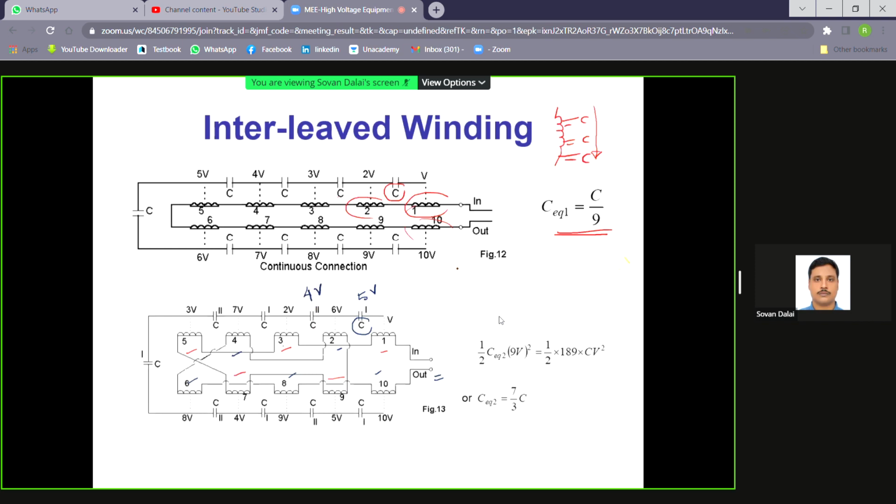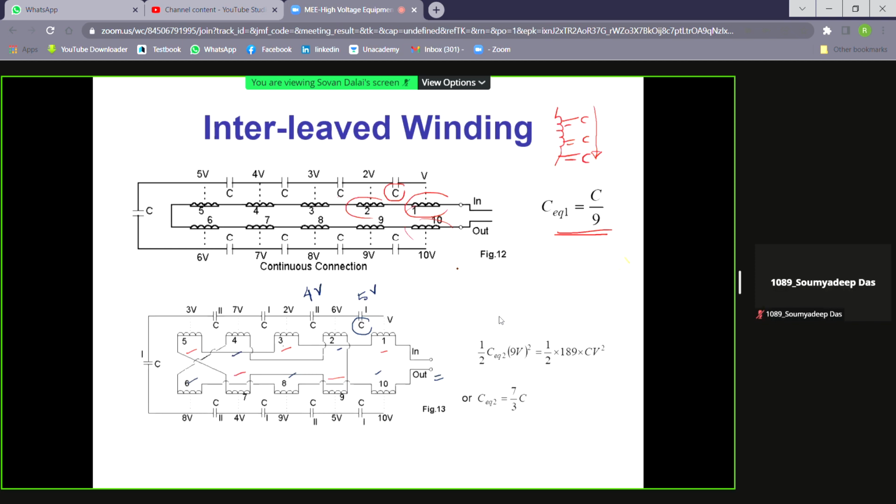So we can say there are 2 sets of capacitance now formed, and one set of capacitance is subjected to 5 volt and another set is subjected to 4 volt. Was this understood?